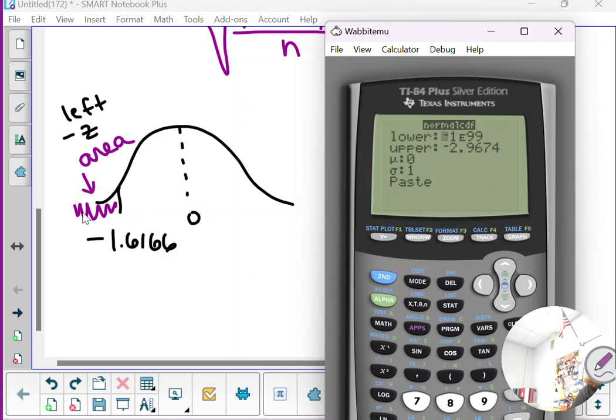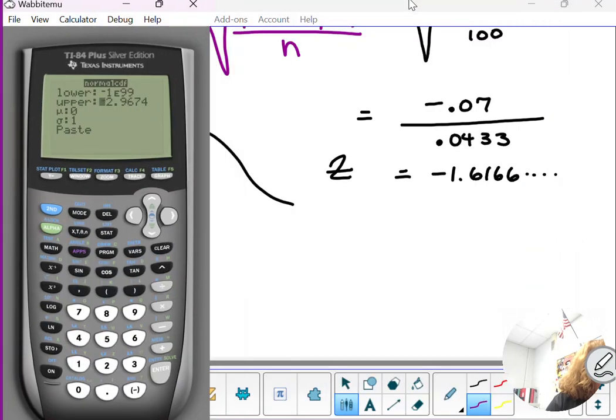I want a super low area, so a super low number up to that negative 1.6166. Select, select, select. Enter. Ooh, this one's close.